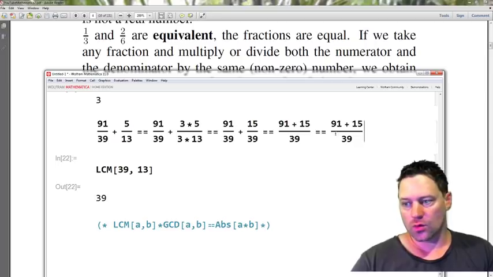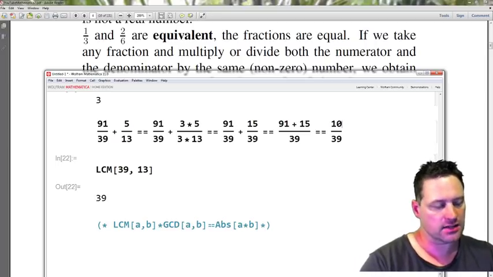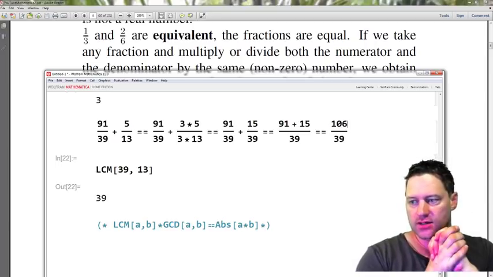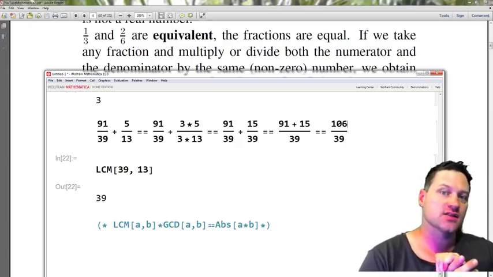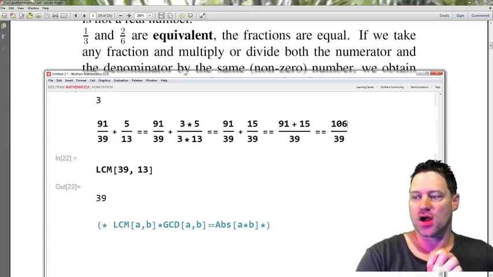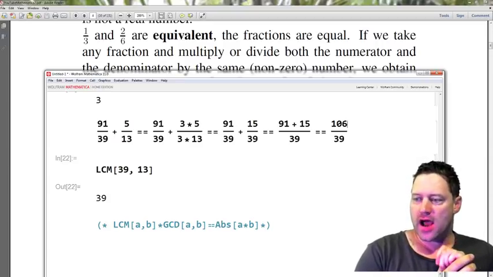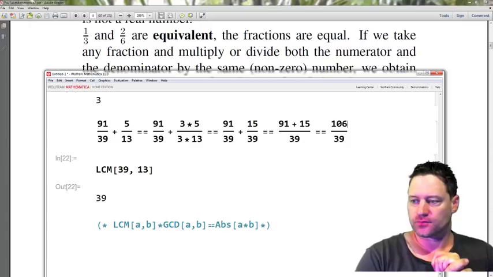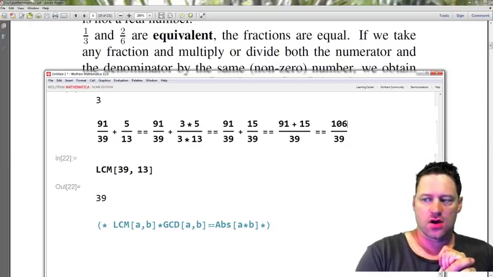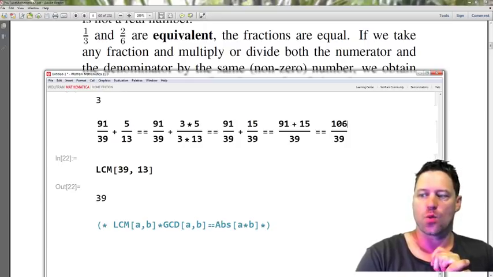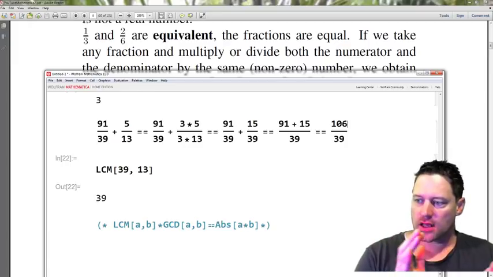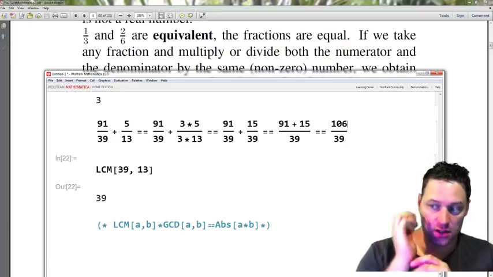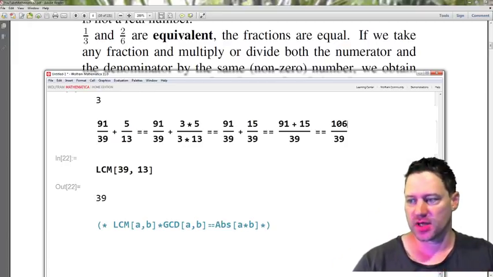So, 106. Do these have any common factors? Well, I happen to know that 39 is 3 times 13. That's the prime factorization. Whereas the numerator does not have a factor of 3, because 1 plus 0 plus 6 is not divisible by 3, and also the numerator is not divisible by 13, so that should be a reduced fraction.